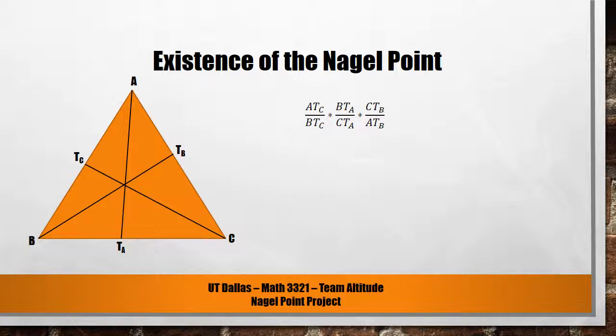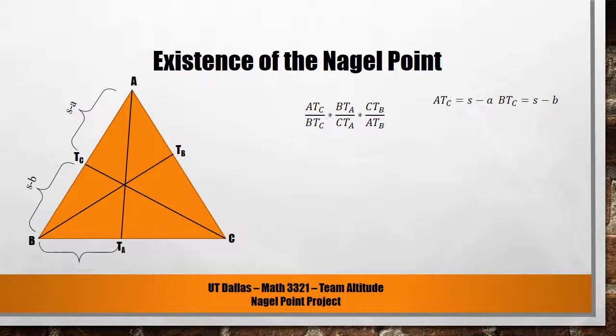While going through some of those lengths, we know from our last slide what they're equal to. For example, the line segment AT sub C, as we showed earlier, is equal to the value S minus A. So we drop that down over to the right and make note of it. Similarly, the line segment BT sub C is going to have a length of S minus B, so we jot that down.